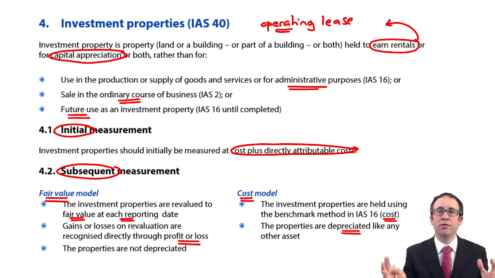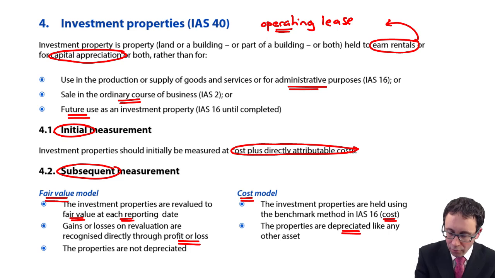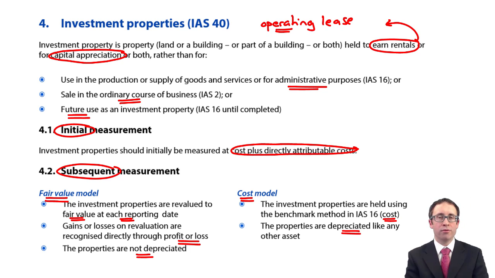If it goes down, it goes to profit or loss. Nice and simple. And therefore, just note, it will not be depreciated. So you just take the gain, take the loss immediately to profit or loss. There we go. Excellent.